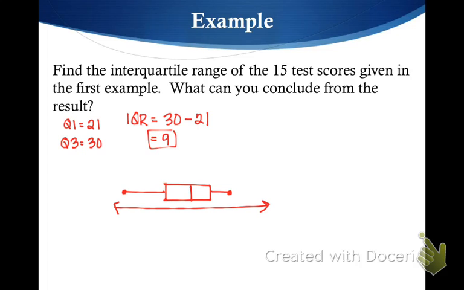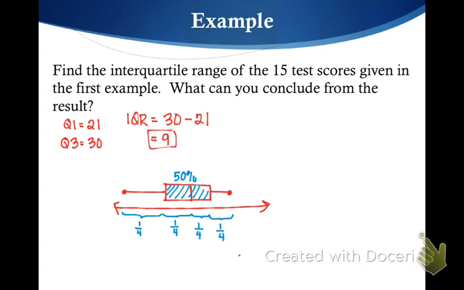Well, we divided it into fourths. From here to here is 1/4. From here to here, 1/4. The top half of the box, 1/4. And then the last whisker is 1/4. So in other words, inside this box here is 2/4 of the data. That's 50% of the data.